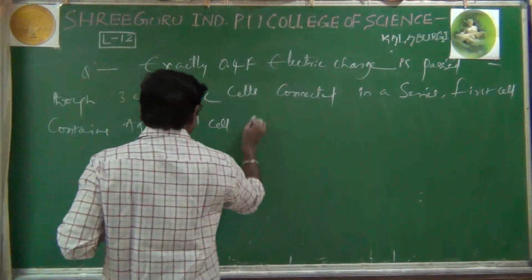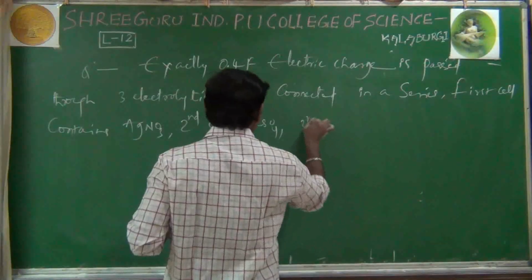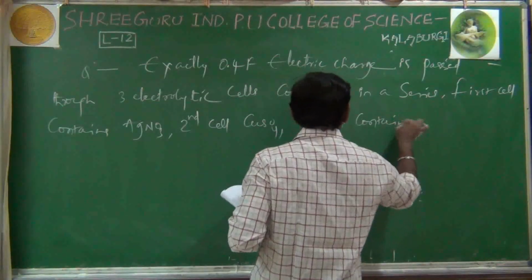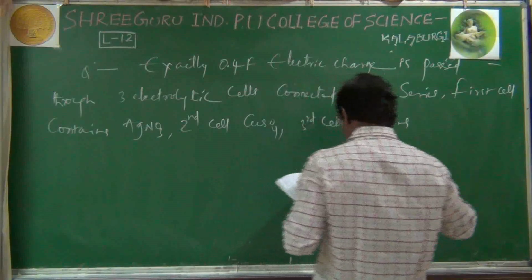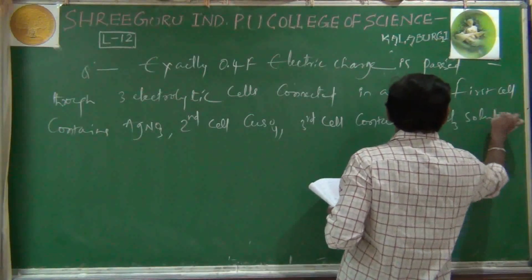The second cell contains copper sulfate. The third cell contains a ferric chloride solution.